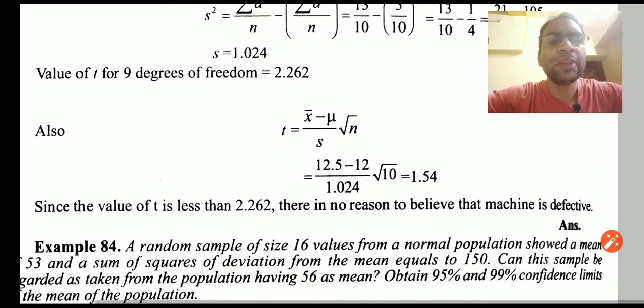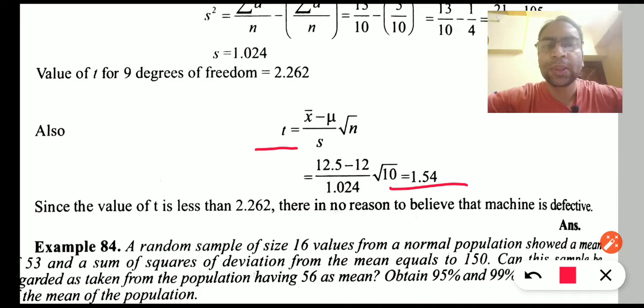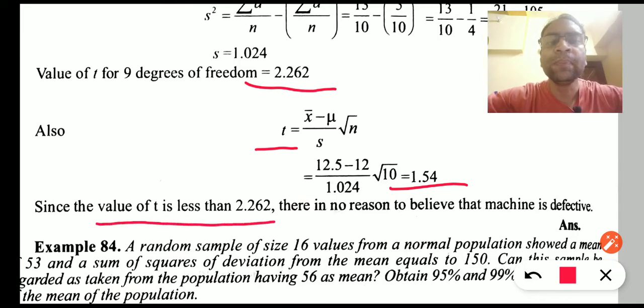Substituting these values into the formula, we can see that the T is coming 1.54. Just by comparing this 1.54 with the standard value of T, we can see the value of T is less than the standard value. So there is no reason to believe that the machine is defective.